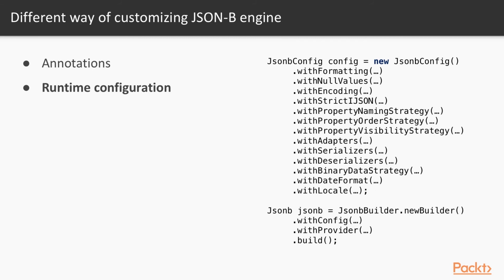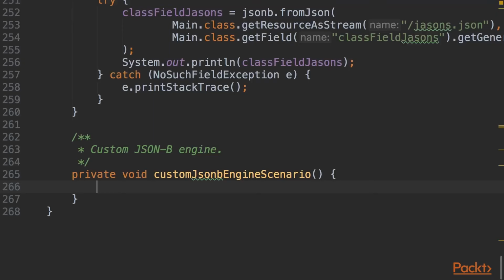Let's start. So we'll create the default engine first. I'll call it defaultEngine, and it's created the usual way, JsonbBuilder.create. In order to create the customized engine, first I have to create a JsonbConfig. JsonbConfig is created as new JsonbConfig.